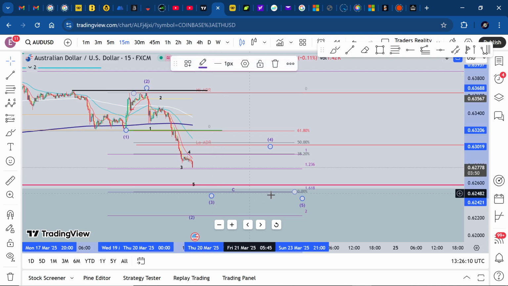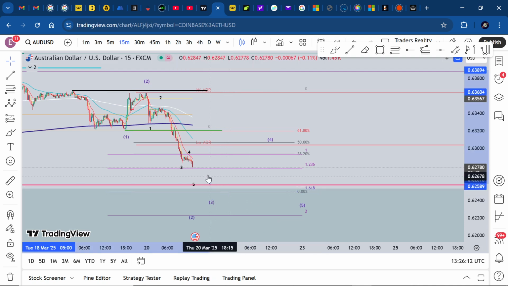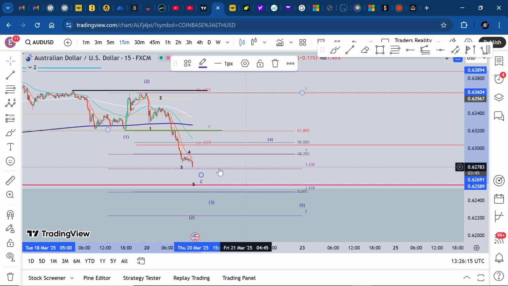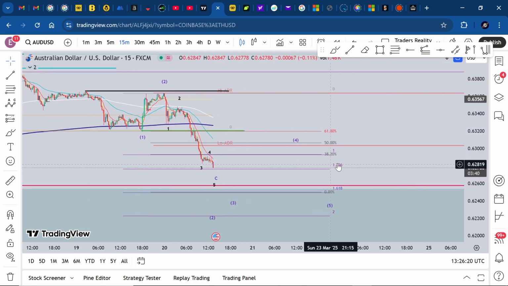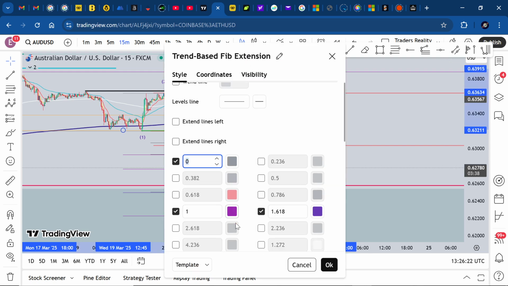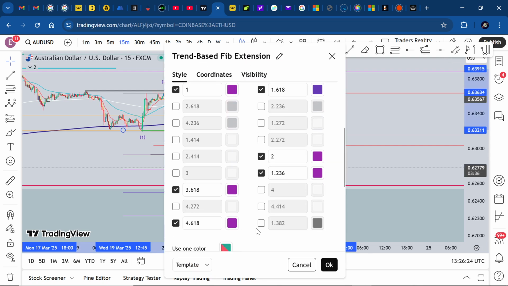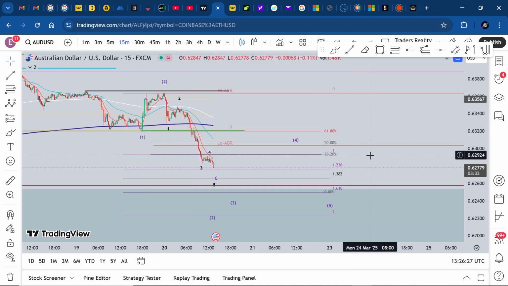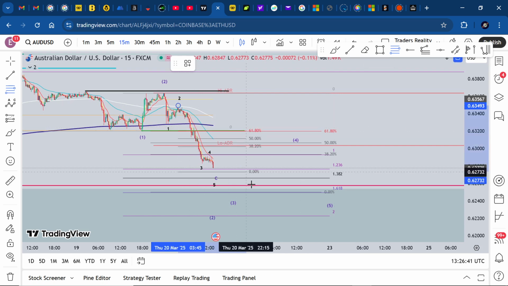If we don't hit this 1618, we turn around and we break structure, that will confirm a C wave. Common area for a C wave is between the 1 and the 1.236, but also there is the 1.382 that we could reach, and this will remain a high probability C. Another thing we could do is say price ends here.